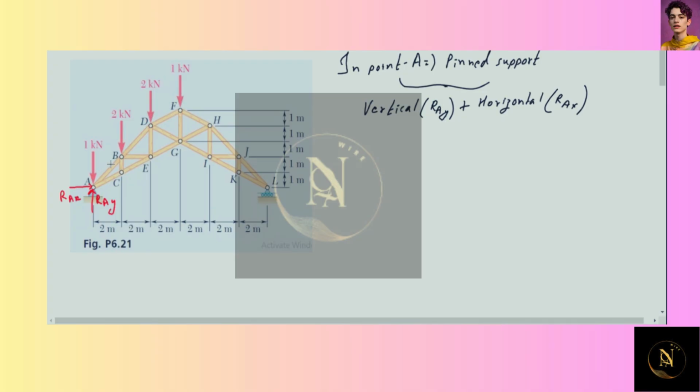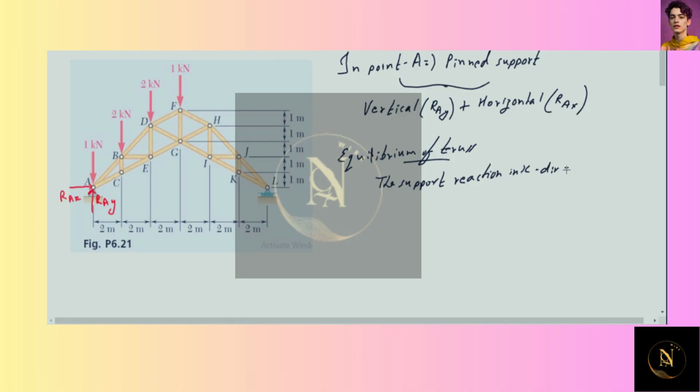Now, from equilibrium of the truss, the support reaction in its direction at joint A is 0.